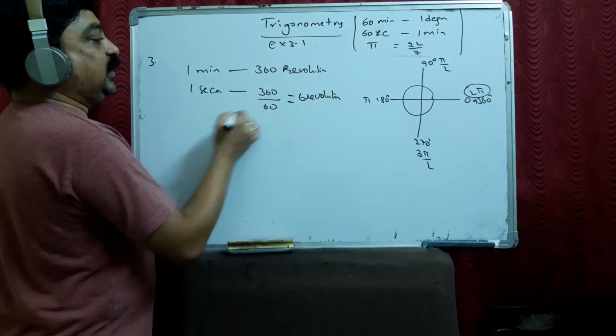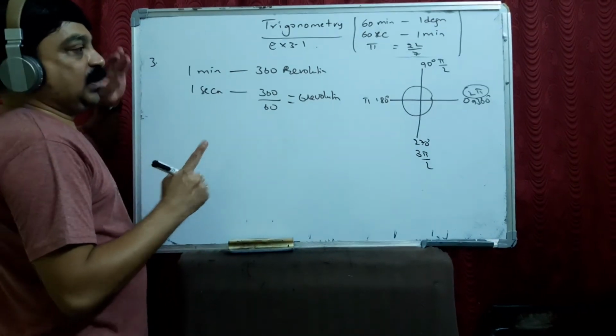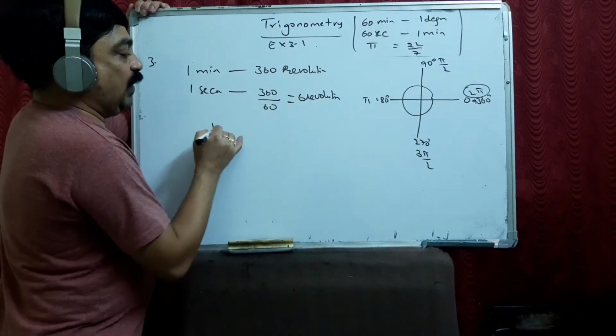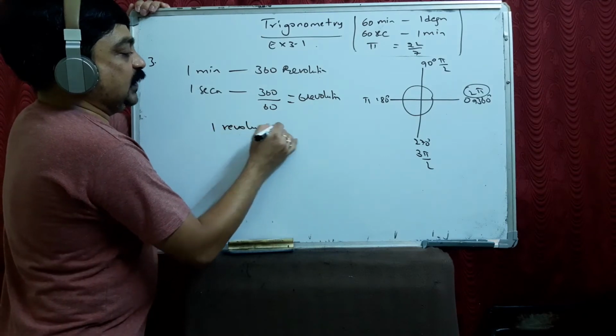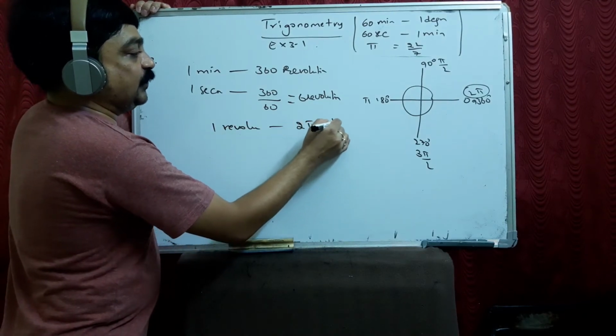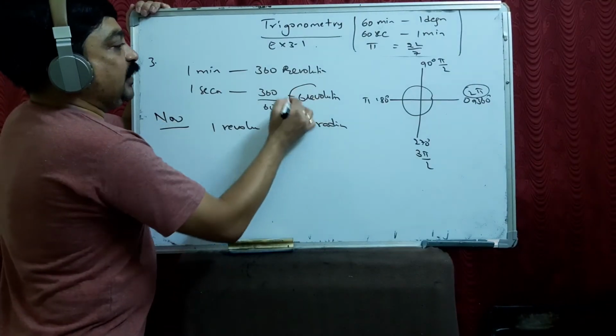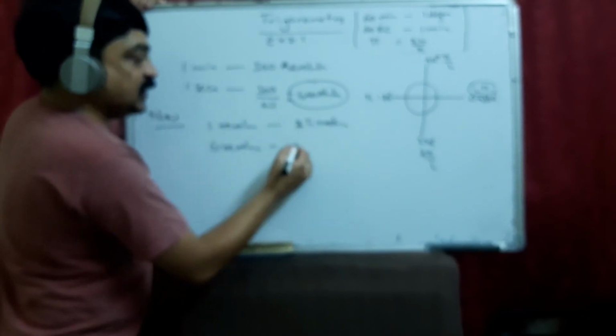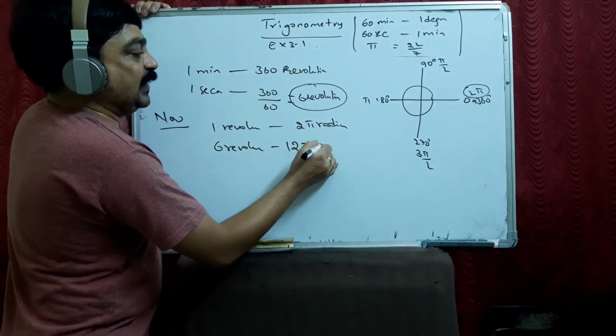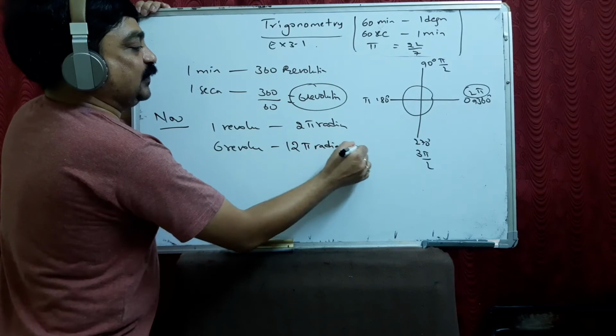But you want it in radians. 1 revolution gives 2 pi radians. So 6 revolutions will give 12 pi radians. This is the story.